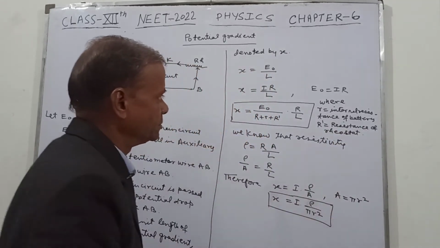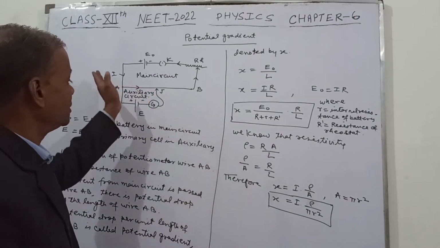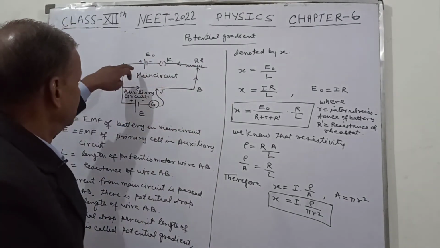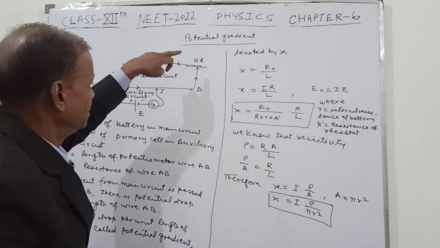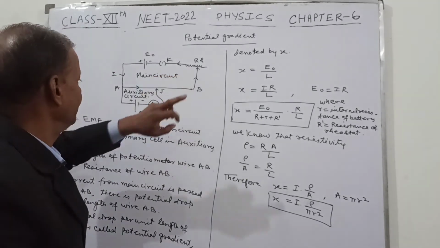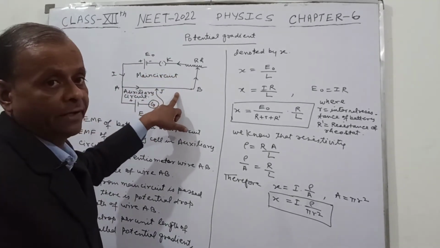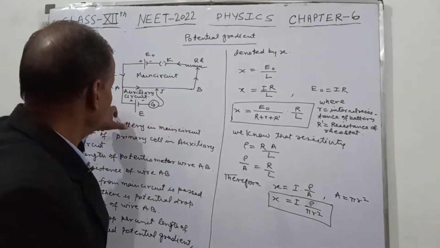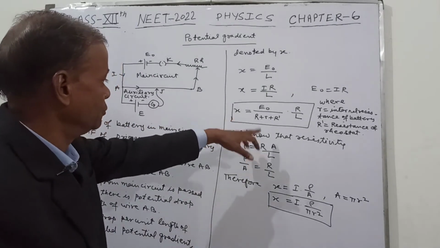We have considered the whole of this circuit: the internal resistance of this battery, the resistance of this rheostat, and the resistance of this wire AB.